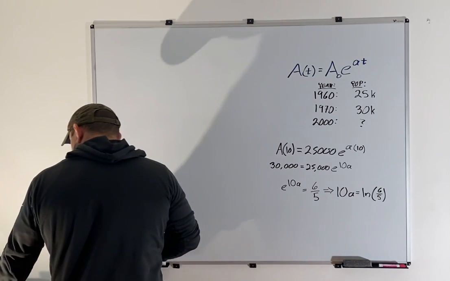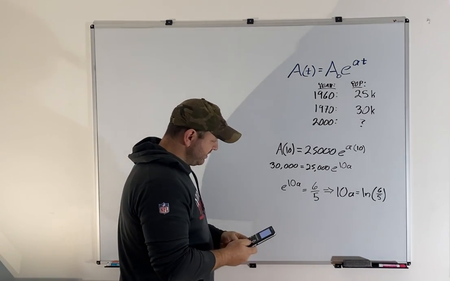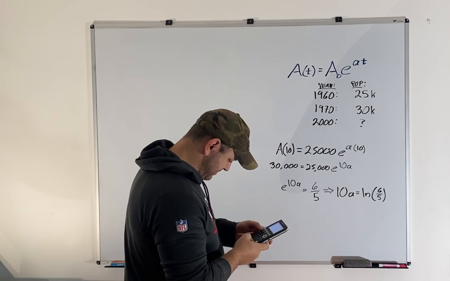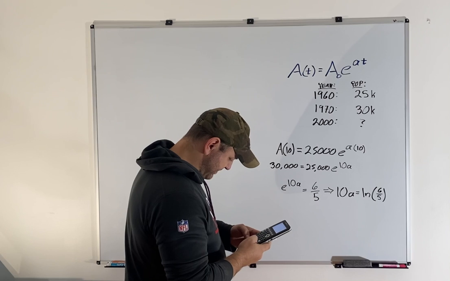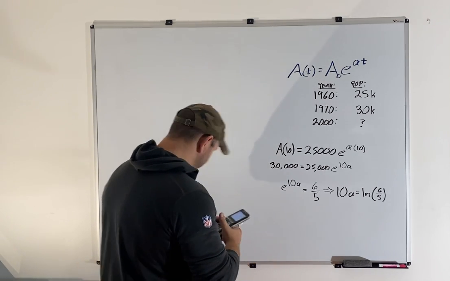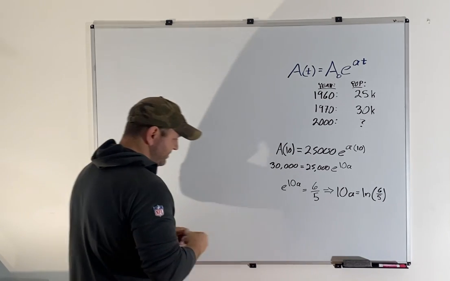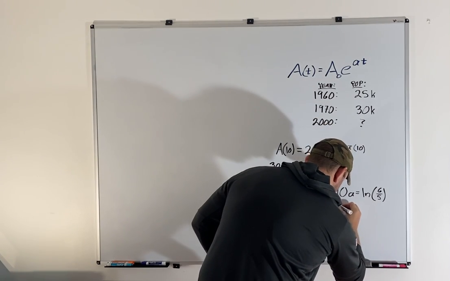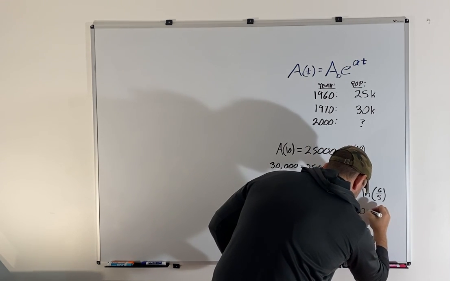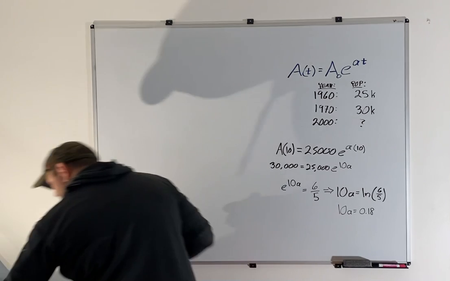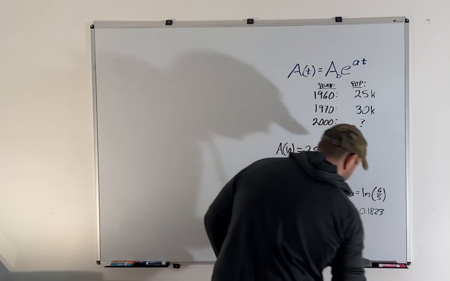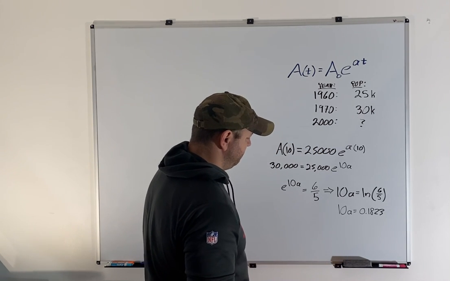All right, let's grab our trusty calculator here, and we'll say ln of 6 divided by 5. I'll go 4 decimal places on this. 10a equal to 0.1823. And now we're going to solve for a.